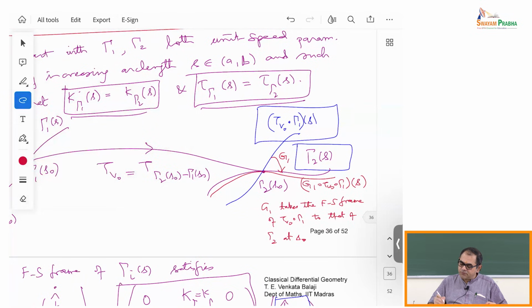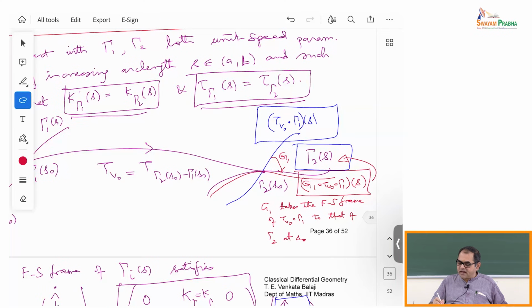What we have managed to do is that now these two curves, this gamma 2 and G1 circle TV0 circle gamma 1, they both pass through the same point gamma 2 S0, and both of them have the same Frenet-Serret frame at gamma 2 S0. Mind you, this G1 is an oriented rotation because it's taking an oriented right-handed frame to another right-handed frame, and any rotation that takes a right-handed frame to a right-handed frame is by definition oriented.